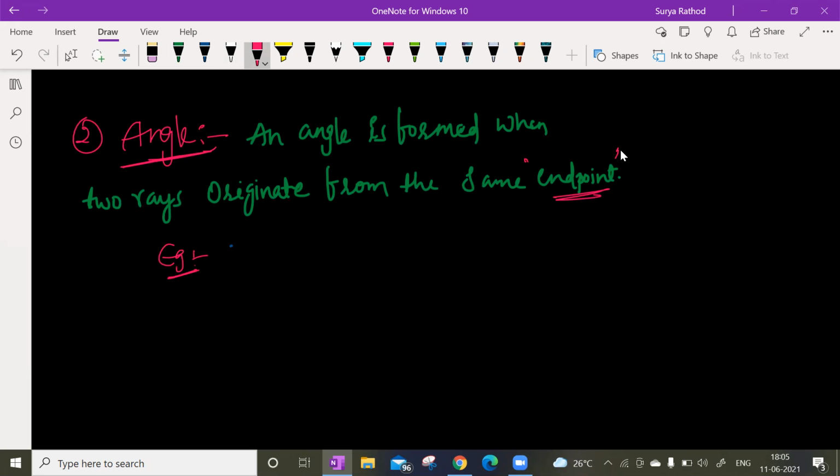Let us write an example. Suppose this is a line with A as the origin. Now if I draw like this, let us say this is my C and this is my B. This is my angle here.